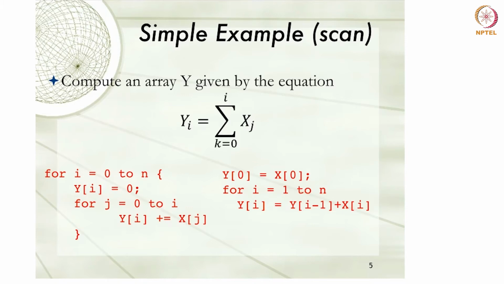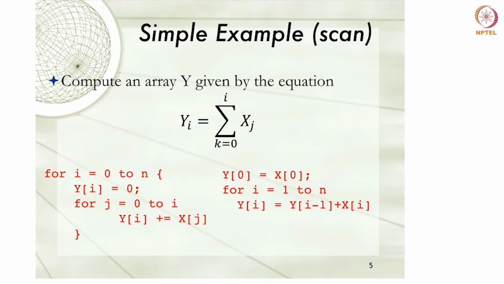But of course, as you said, I have to initialize the first value of y to x_0, and then that's it, right? This is a transformation that takes a quadratic time program and gives you a linear time program.